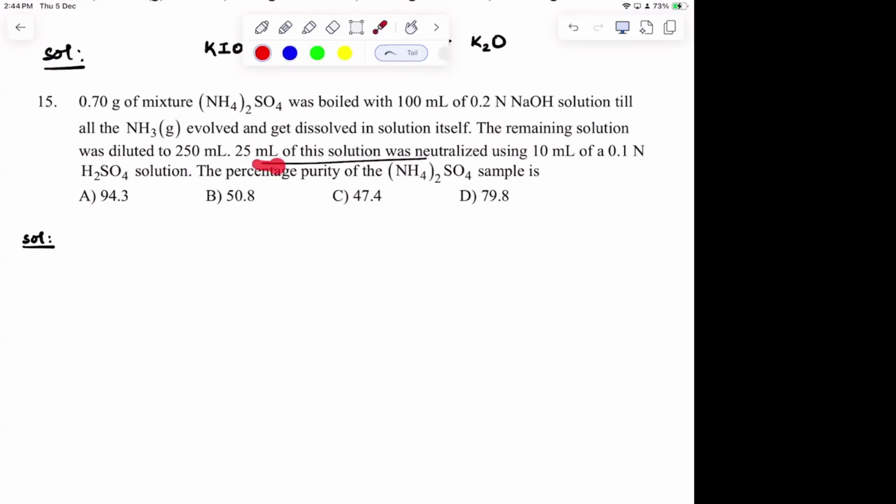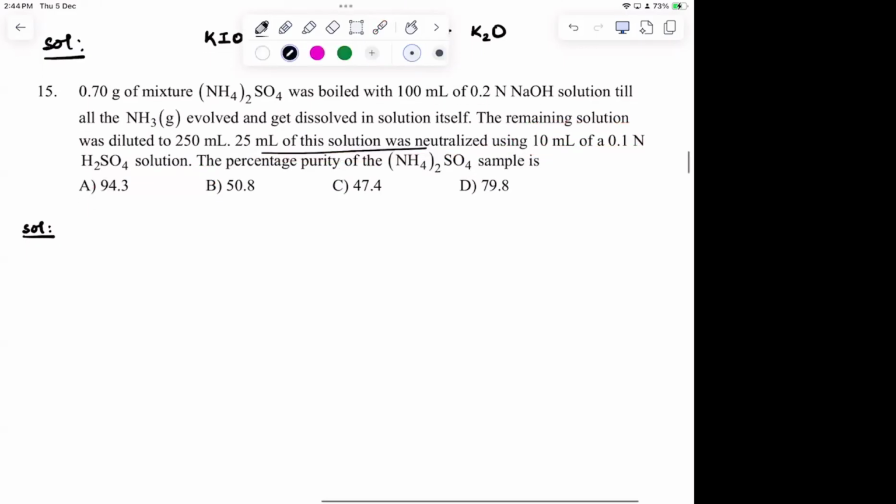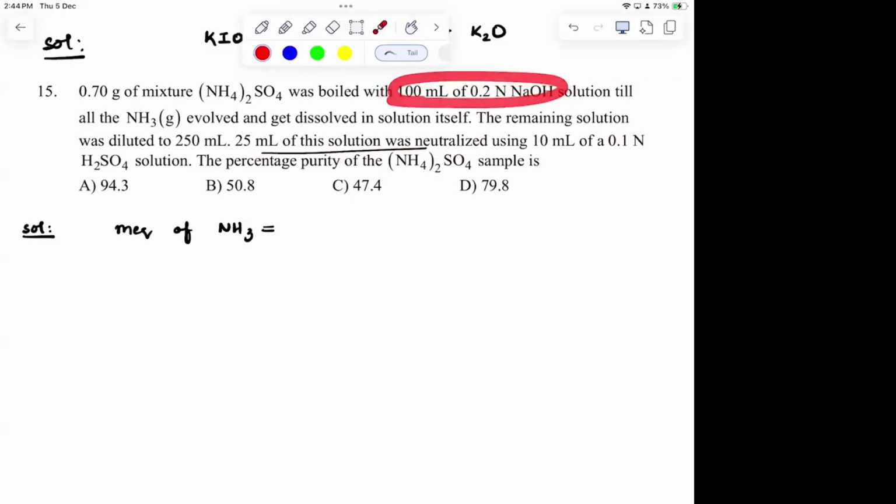So we have 25 ml of this solution neutralized with 10 ml of 0.1 normal H2SO4. Got it? So now if you notice, the milliequivalents of ammonia, which is required to get neutralized here, will be equal to how much here? Think this way.